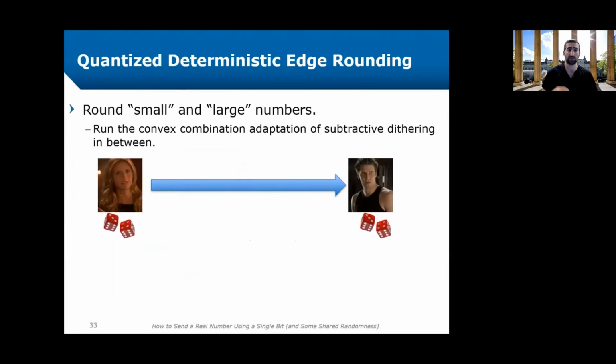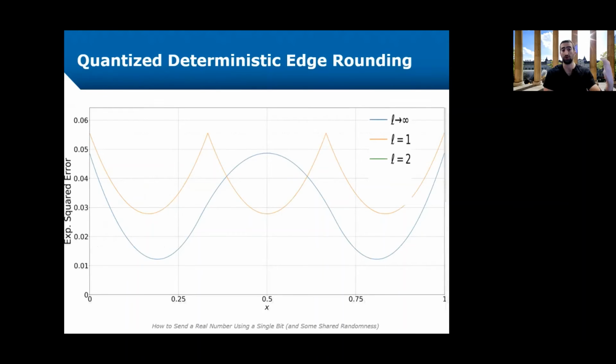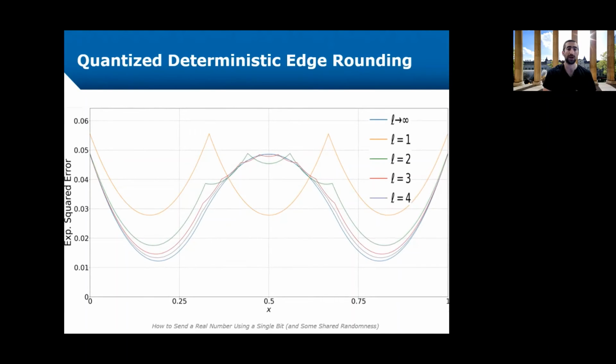Let's look at what happens when we use a finite number of shared random bits to implement it. H would now be an integer between 0 and 2 to the n minus 1, and we will need to scale both the sending and the estimate, so we divide by this factor of 2 to the n minus 1. What we get is an algorithm where the more bits you give it, the more it looks like the version with the continuous h.